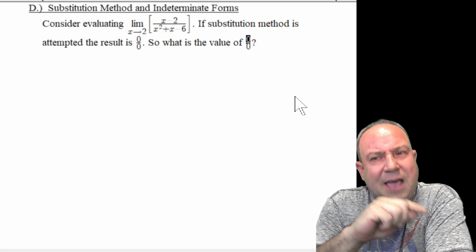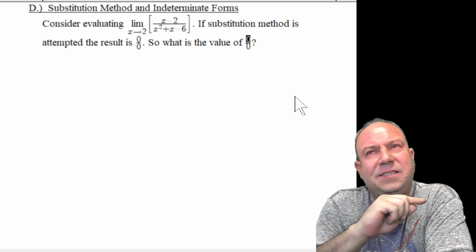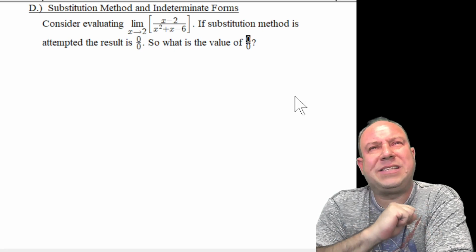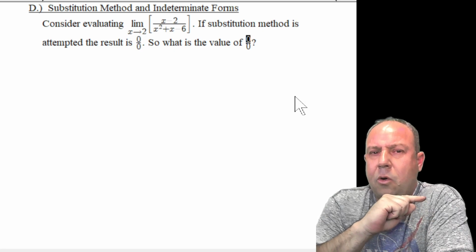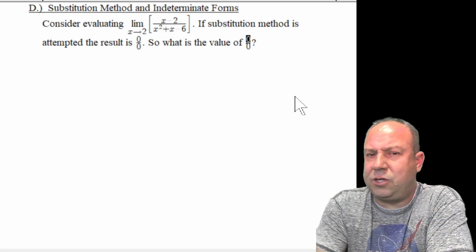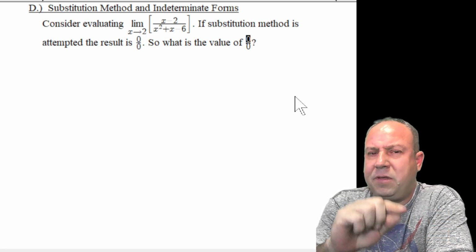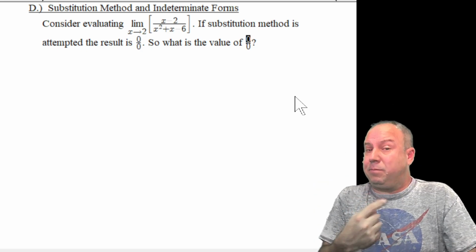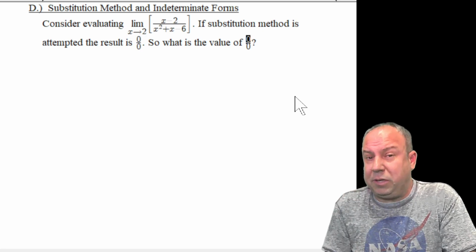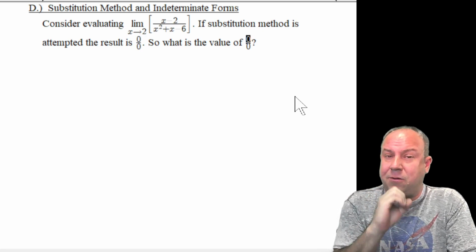I say it that way because, again, 0 over 0 is what we refer to as an indeterminate form. We can't draw any conclusion about its value from the form. It could be equal to 1, but I don't know. It could be equal to 0, but I don't know.